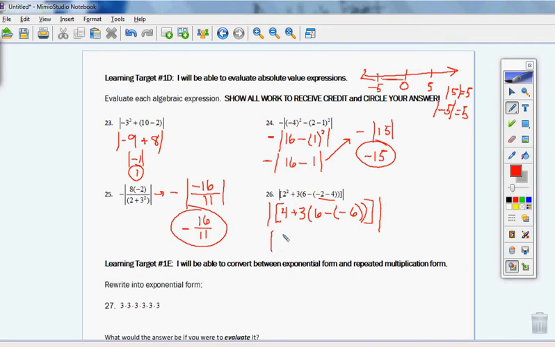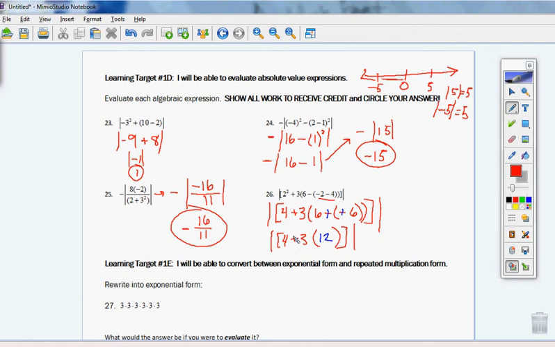All right, so taking this one a little slow. This one's a little intense here. 4 plus 3. Inside this parenthesis right now, I really have 6 minus a negative 6. So that's really 6 plus 6. Well, that's 12. So that number just becomes 12 inside there. So I'm going to close off the parenthesis, and now all I need is the bracket and the absolute value.